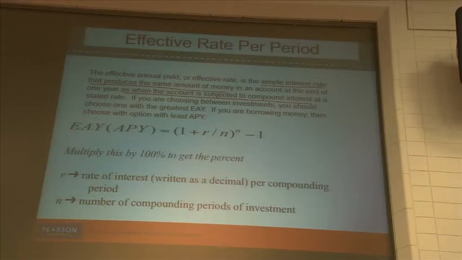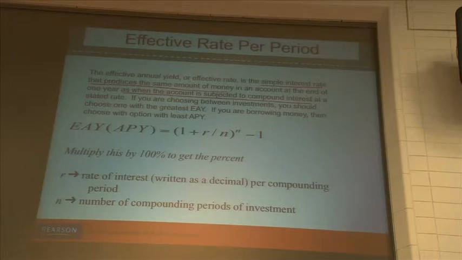You've got simple interest, you've got compound interest, right? Say you have an account, you put some money in, it has compound interest. The effective annual yield is the simple interest that gives you the same amount of money as if you were using compound interest. Okay? So it uses simple interest to give you the same amount of money that you would get if you were using compound interest.